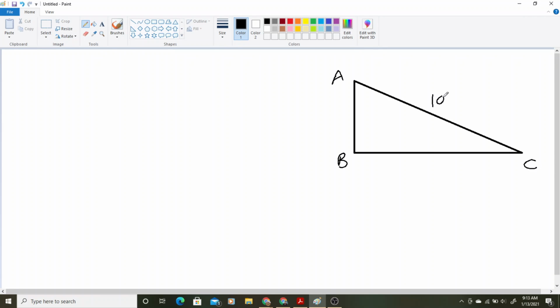This side is 10 centimeter and this one is 8 centimeter, and I am rotating it about side BC. This time I keep BC fixed, and AB will be rotated like this. I am rotating it about BC. So find the volume of the cone so formed. What will be the volume?